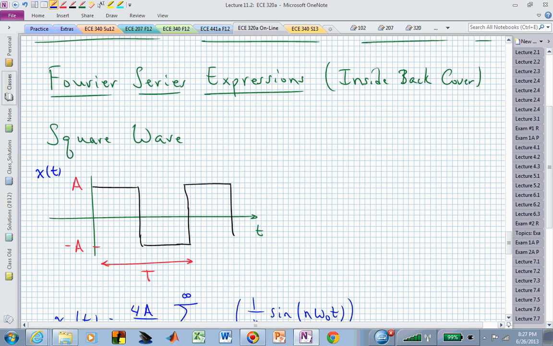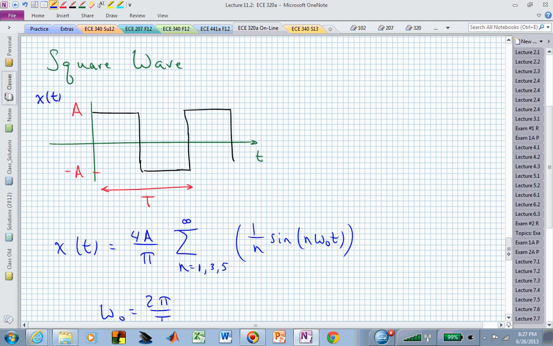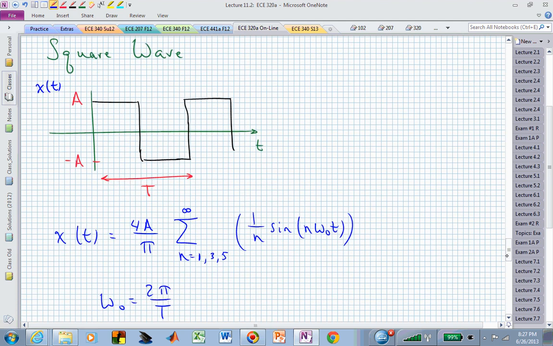One other piece of reference material I want you to be sure you're familiar with is the inside back cover of your textbook, which includes some Fourier series expressions, and in particular the square wave, which we've already looked at combining.